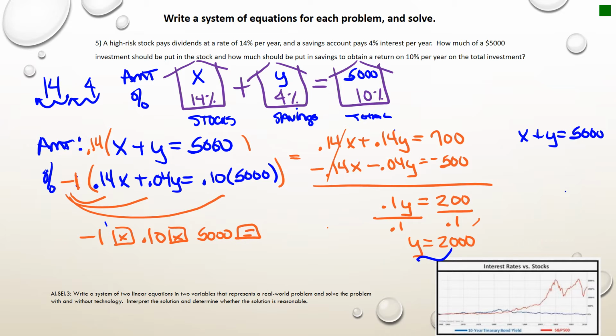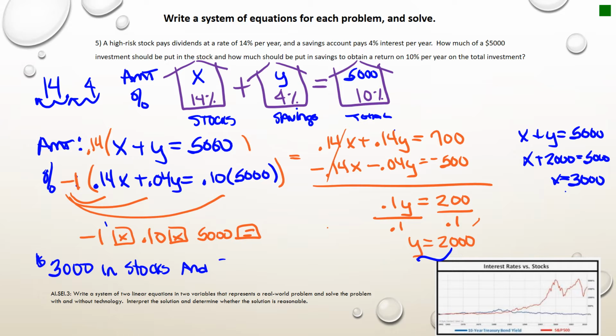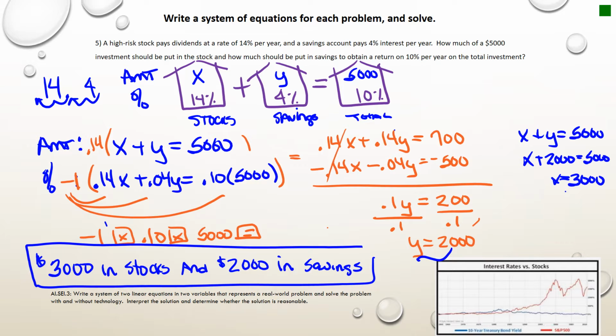I'm going to put 2,000 in for y. So x plus 2,000 equals 5,000. So x is going to equal 3,000. So you are going to put $3,000 in stocks and $2,000 in savings. Now again, remember, stocks is going to make you more money.